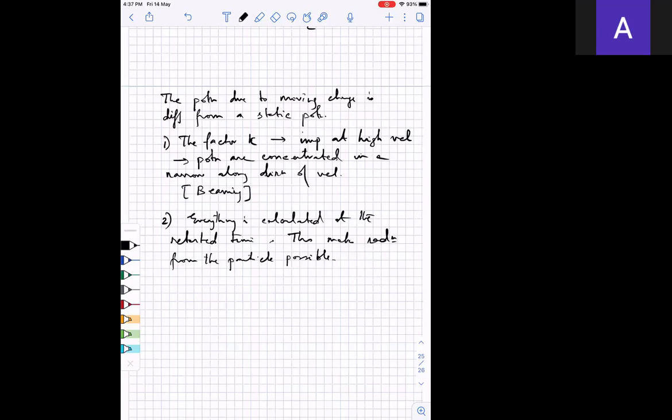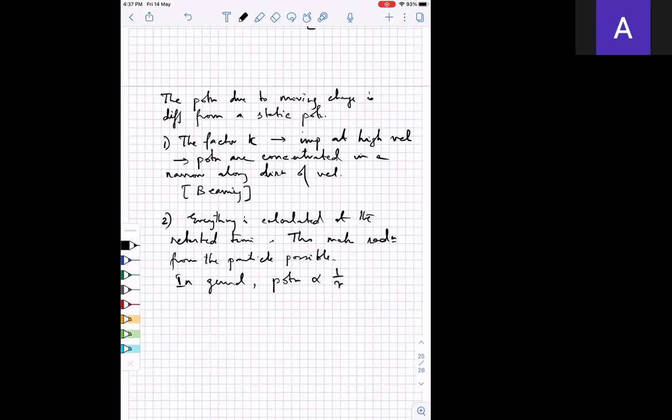Now, typically, the potential falls as 1 by r, right? So in general, for example, for the static case, potentials fall as 1 by r.